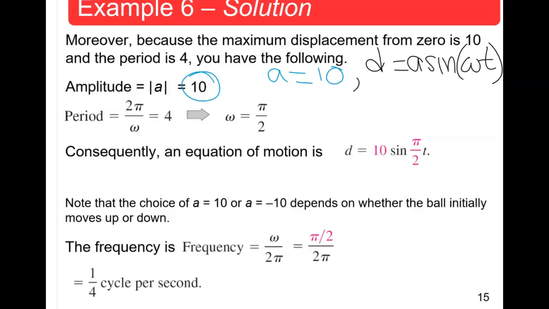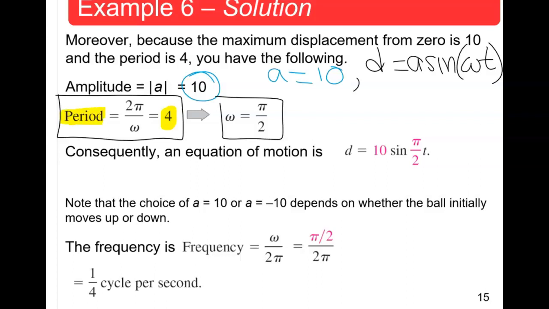Okay, so the answer of omega is here, and we did find it previously, but let's see how we will do that again. We were told from the beginning that the period was 4 seconds. And we know that the formula to find the period is 2 pi divided by whatever this little constant, in this case omega, will be.